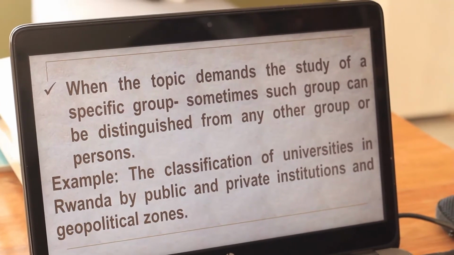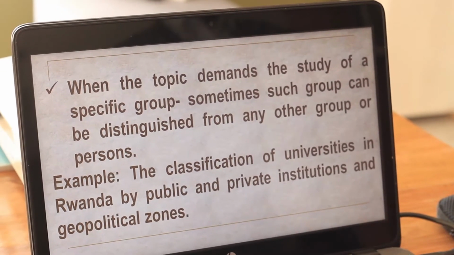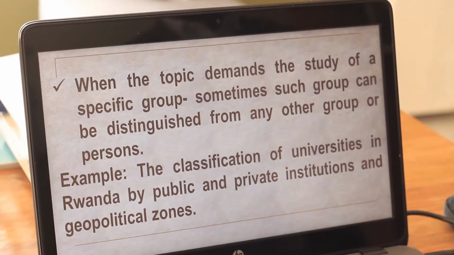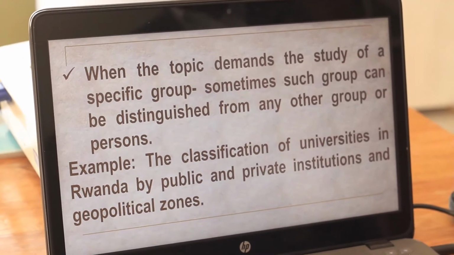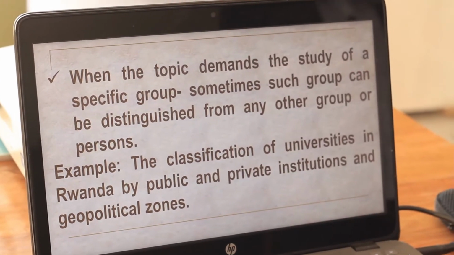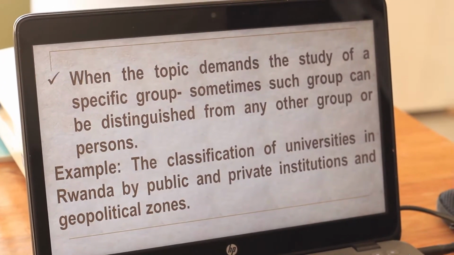Sample. The sample now is a part of the population. So it is extracted from the population. It must be the true representative of the target population in all its parameters or characteristics. There are two methods to get a sample from population.